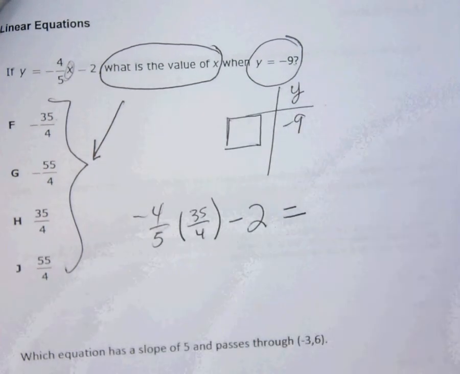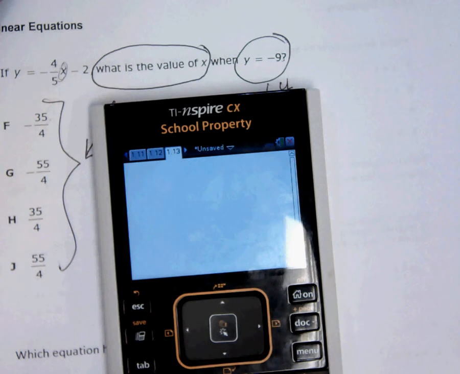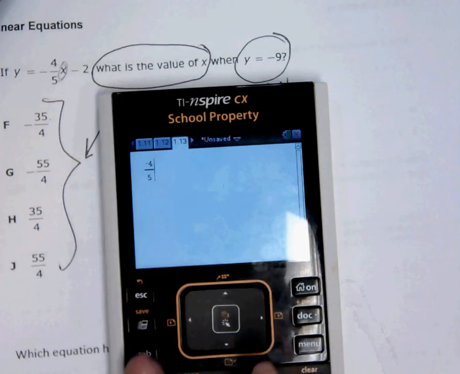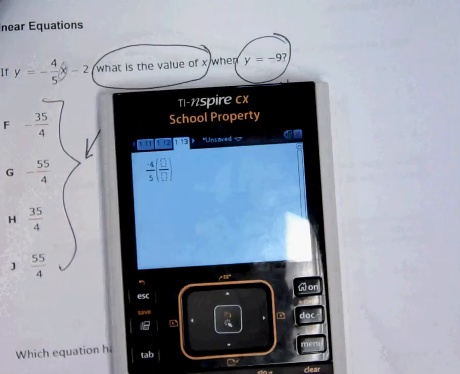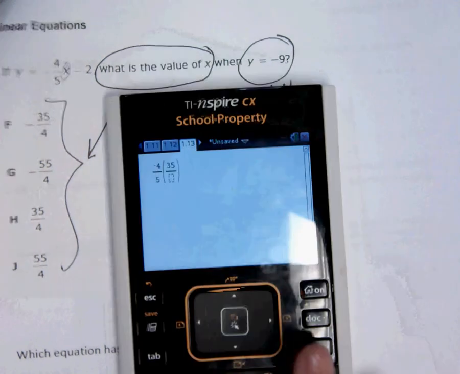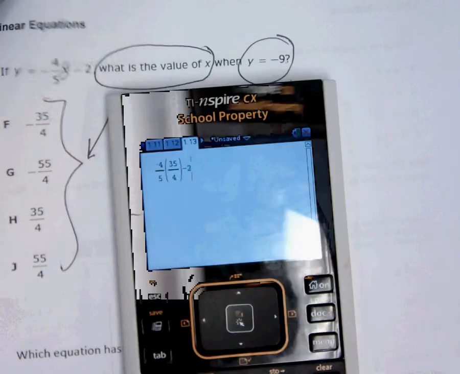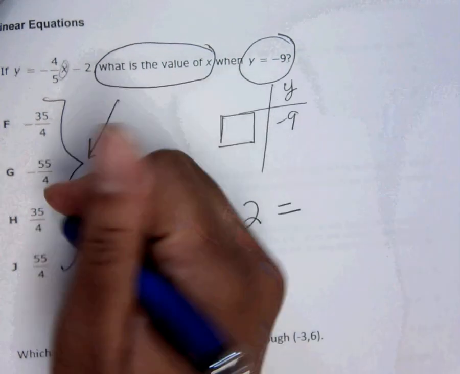Put that in the calculator. So I'm going to go to the calculator screen and type Control Divide, -4 divided by 5, open parentheses, Control Divide, 35 divided by 4, -2. Press enter. And what did it give me? -9. So there it is.